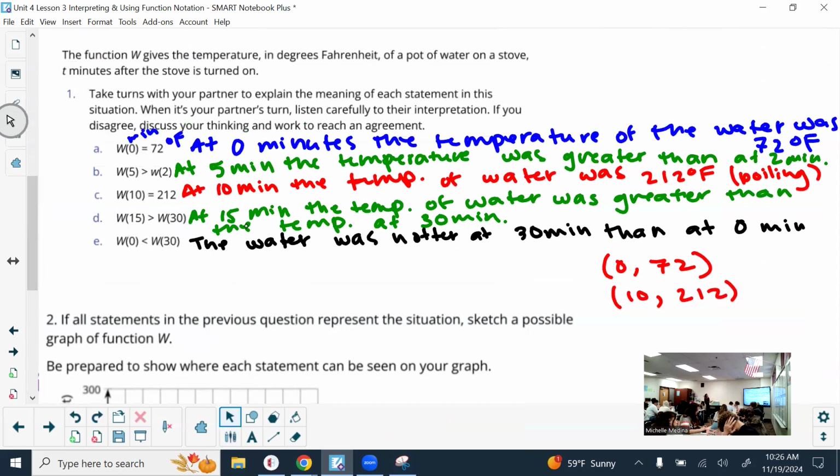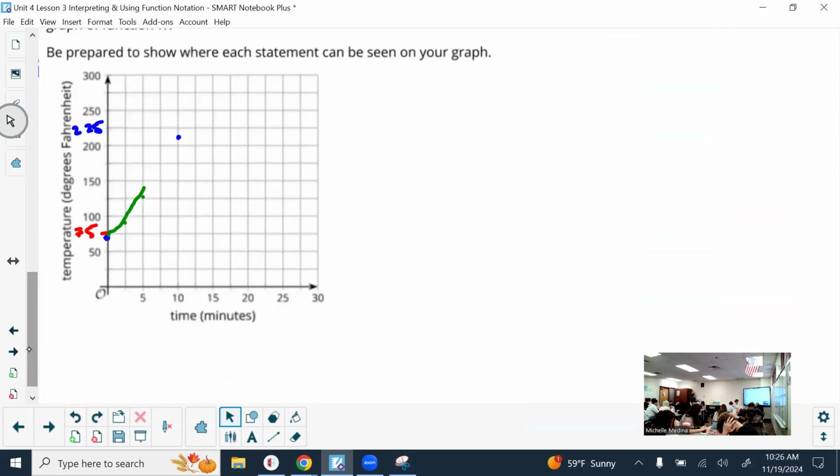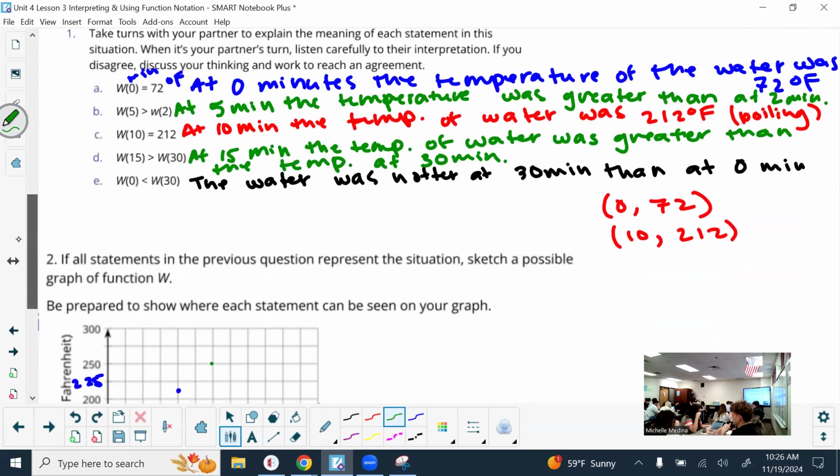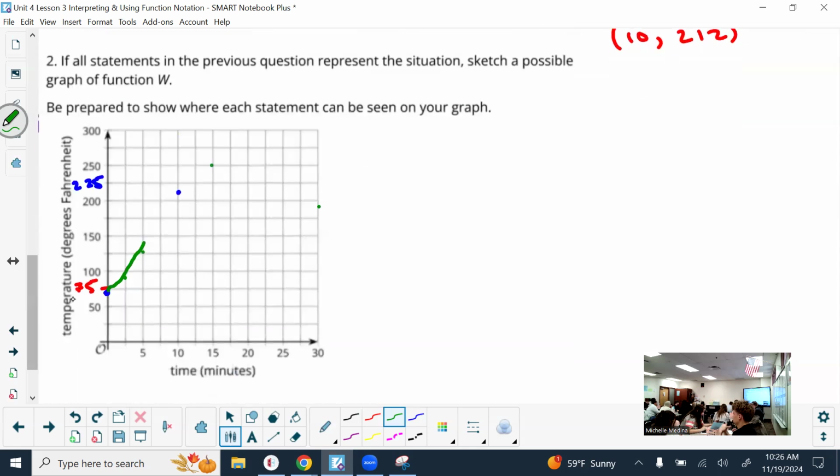The other statements, we know that W of 15 is greater than W of 30. So here's where the input is 15. I don't know where exactly it is, but I know that it should be higher than it is at 30. And then W of 0 is going to be smaller than W of 30, which does match what I said.